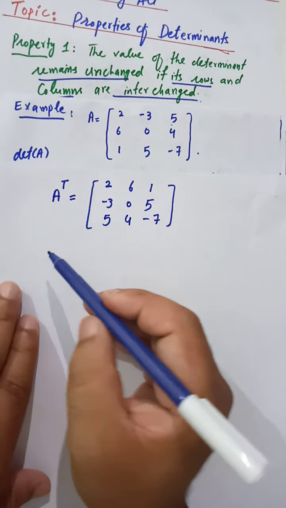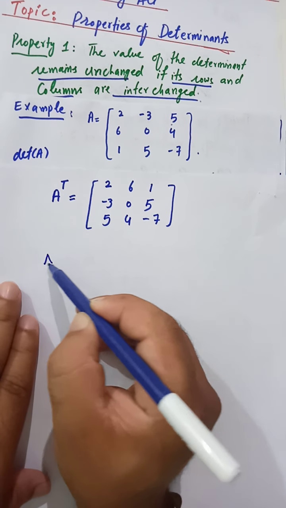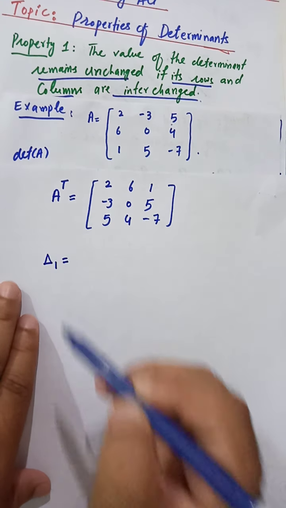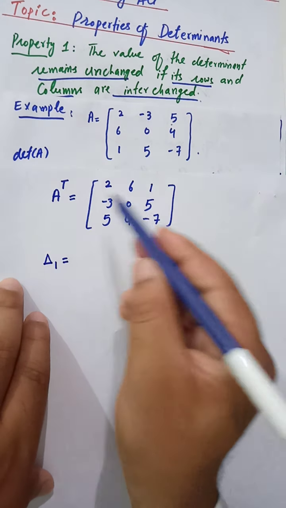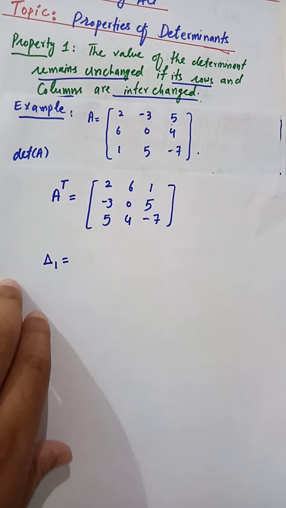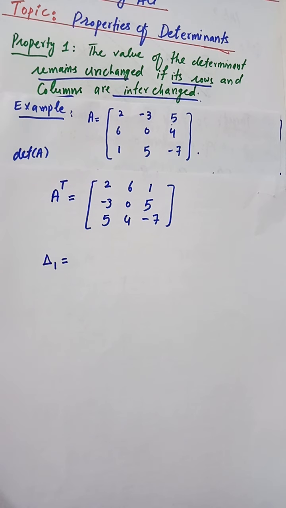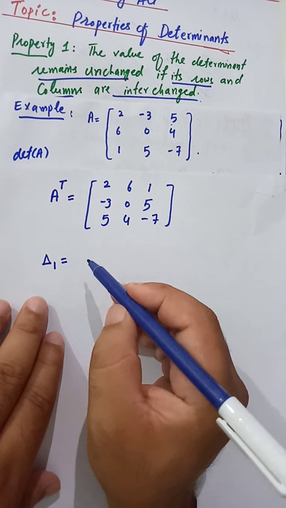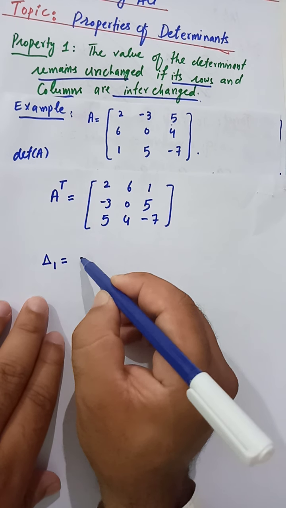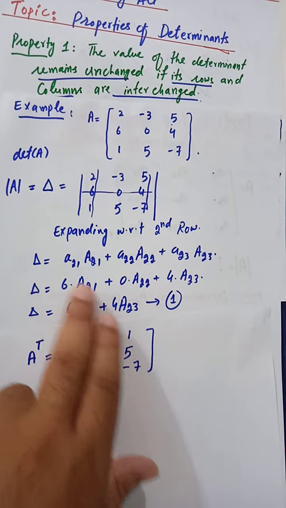Let's say the determinant of this matrix is denoted by delta 1, and I am expanding this matrix with respect to the second row because the second row contains 0. The formula for the second row is the same as this one.